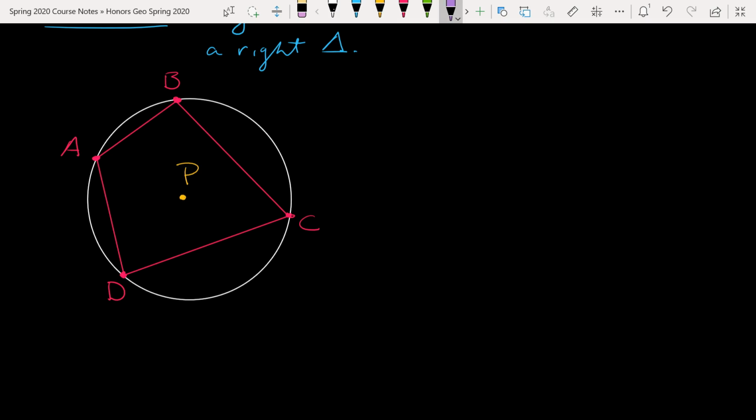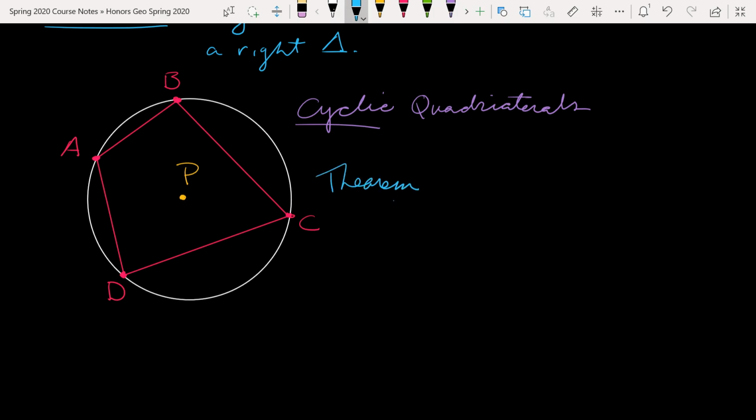Well, before we prove a theorem about this, let me give you a little tip that will make you very popular at parties. When you're talking about inscribed quadrilaterals, we often call them cyclic quadrilaterals. Pull that out at your next gathering, I'm sure that everybody will be fawning over you. But what can we say about cyclic quadrilaterals?